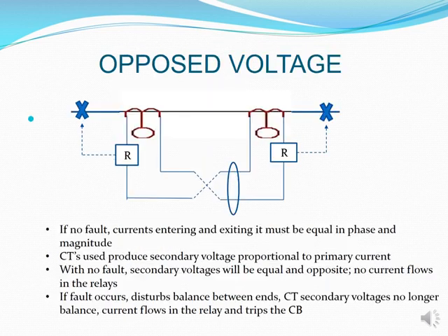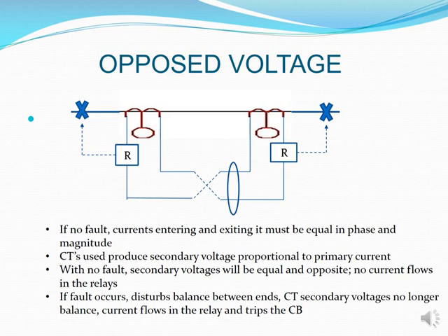Then we have what we call the opposed voltage. In the opposed voltage, just look at the diagram compared to the current balance that we just came from. In this one, you're going to have CTs again, where you are having a line, and now instead you have relays connected to each of the CTs.